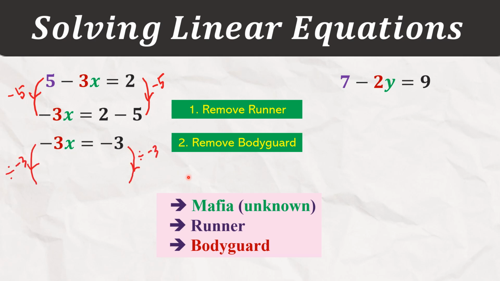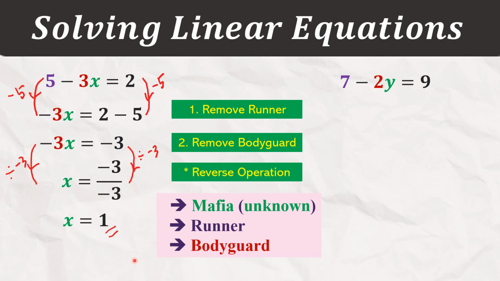On the right hand side, I do the same and divide by negative 3. So I get negative 3 divided by negative 3. Simplifying this, minus minus gives me plus. Hence, I get my answer: the mafia is equal to 1. So I have found the mafia. Do take note: each time you remove the runner and you remove the bodyguard, you must reverse the operation.